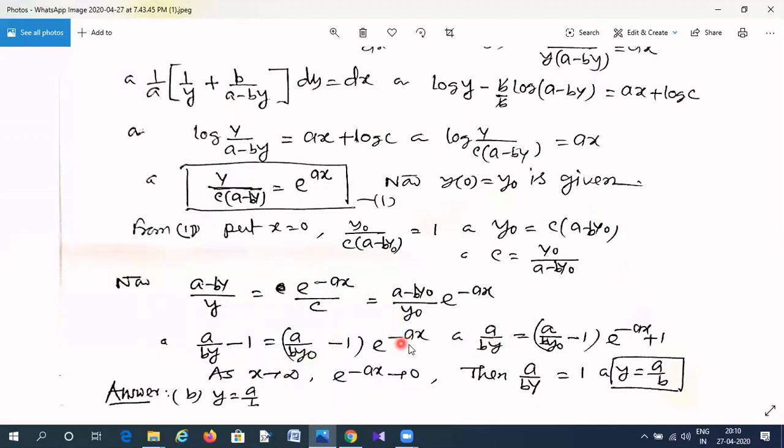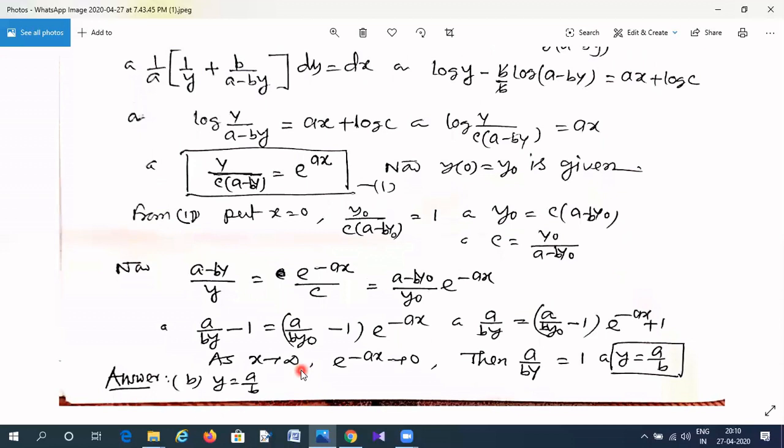If we calculate, if we take x tends to infinity, it will surely become e to the power minus ax going to 0, and a/(by) will be 1, so y will be a/b. Okay, so that is the answer, and the answer is option B, y equals a/b.